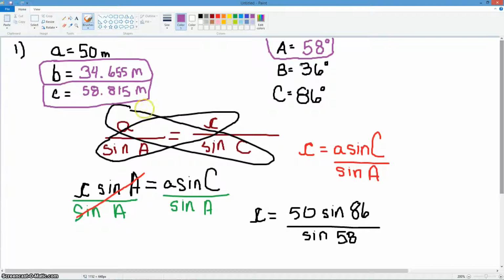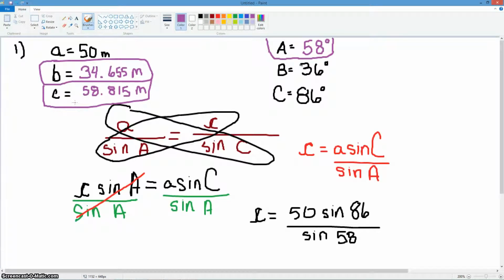And if we check each side, remember what I said yesterday, the largest angle, in this case 86 degrees, means that side C should be the longest side.